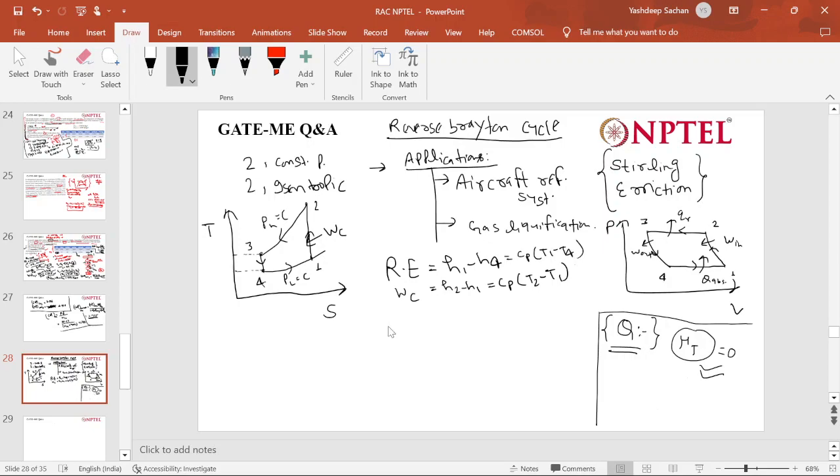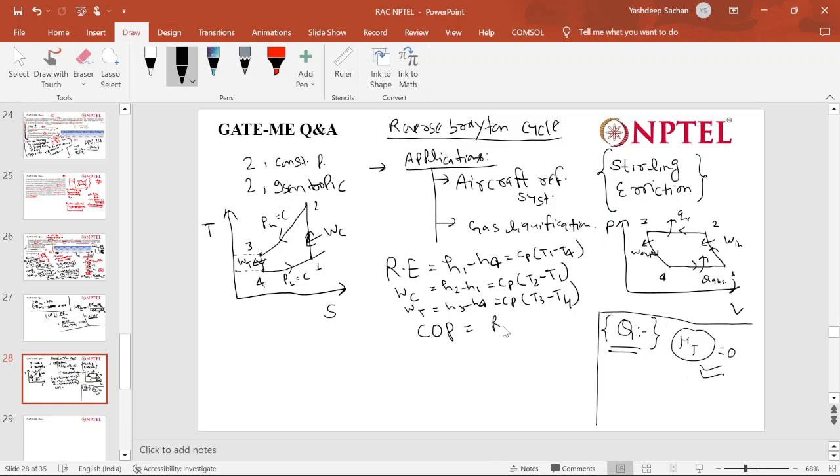And what will be the WT? WT will be H3 minus H4, which is Cp times T3 minus T4. Any doubt till here? No doubt, right?